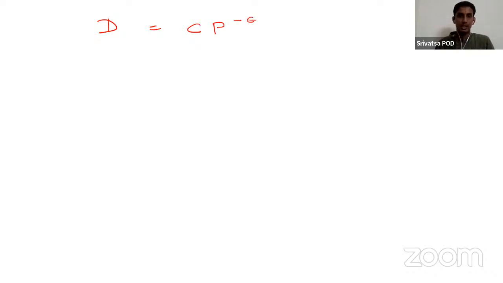Since you are performing a log-log transformation, you can take the logarithm on both sides, which is ln of D equal to ln of C into P power minus epsilon. And if you decompose this further, ln of M into N is equal to ln M plus ln N.